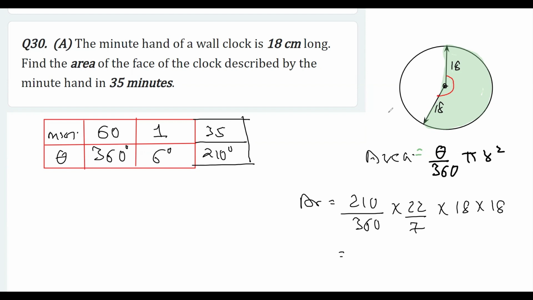Now if I reduce, 7 1 times, 7 3 times, the zeros get cancelled, and 3 1 time, and 3 12 times. This also can be cancelled. I'm reducing it further, 6 2 times, and 6 3 times, and this can be cancelled. So that comes out to be 11 into 18 into 3 is what? 72. Right.